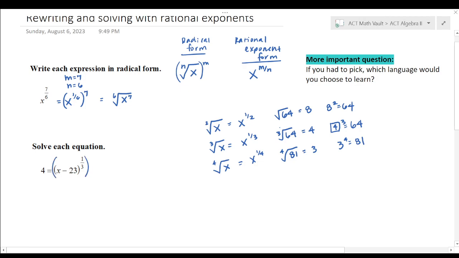So the only way to get rid of the 1/3 is actually by multiplying by 3/1, because this x you're trying to get by itself, you need an exponent of 1 in order to isolate that. So whatever I do to one side, I must do to the other. So that's like a 3/1, so that basically cancels, and you have 81 equals x minus 23. If I add 23 on both sides, I'll get 104 as my answer.